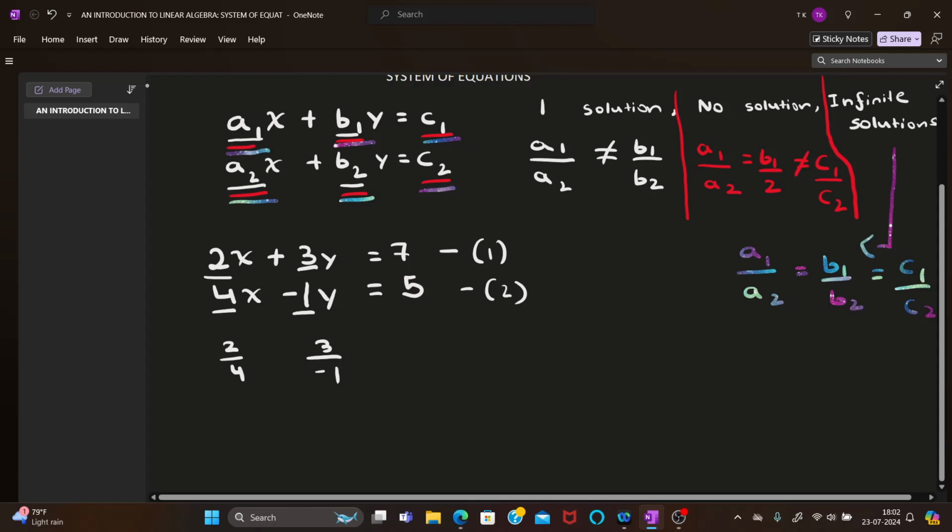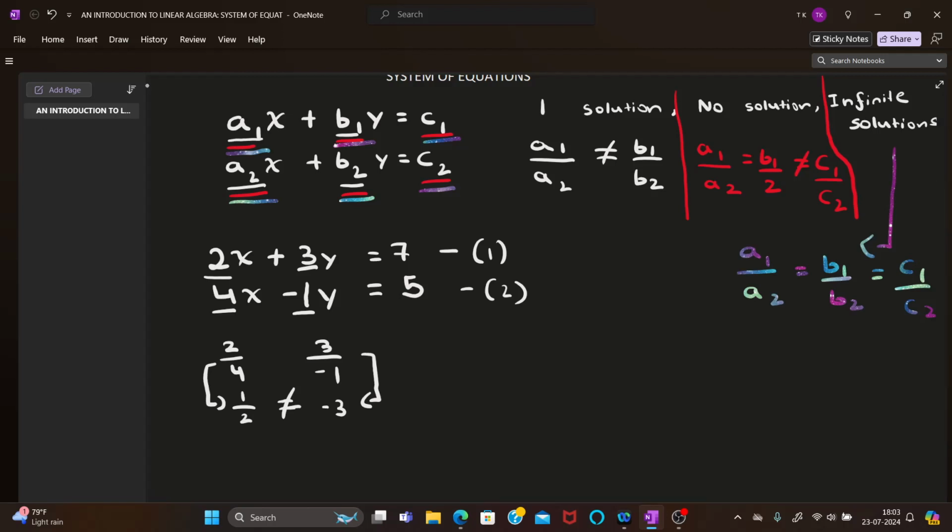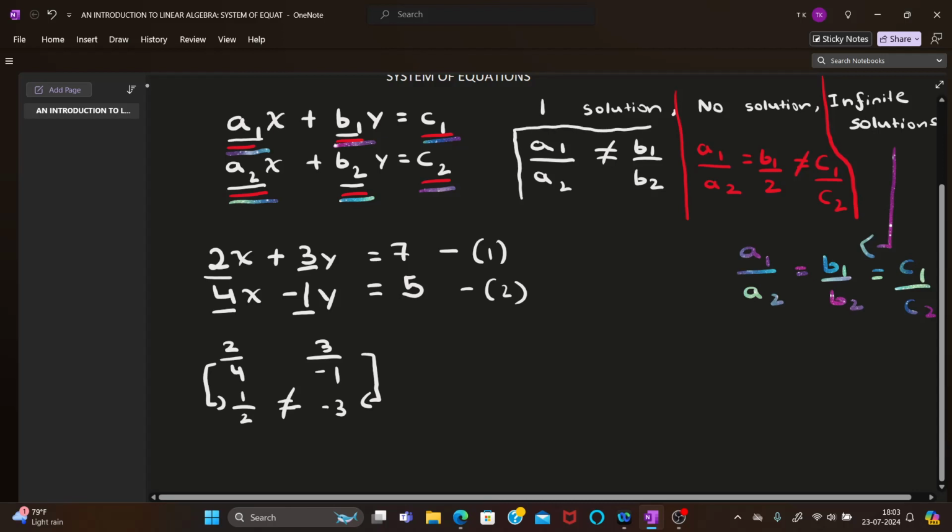So this gives 1/2, and this gives -3. 1/2 is not equal to -3. So what does that mean? That this system will have only one solution because a1 over a2 is not equal to b1 over b2. We're going back to this right here. This is where I explained that.